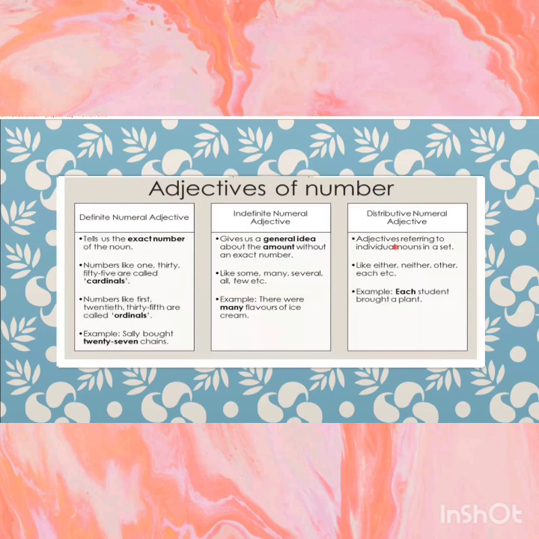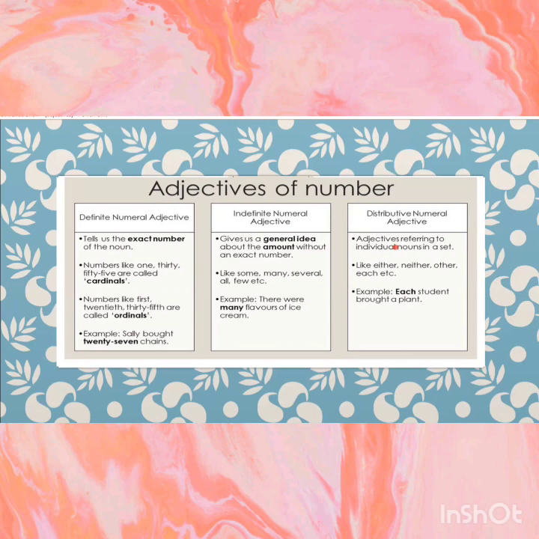Now let's talk about adjectives of number. We have definite numeral adjective, indefinite numeral adjective, and the distributive numeral adjective for the adjectives of number. Now, let's talk about the definite numeral adjective. Dear children, this type of adjective tells us the exact number of the noun.